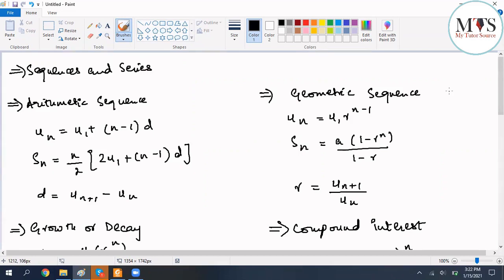They can give you the sequence till, let's say, U6, and they would say find S20 or S100 or something. In that case, we can't just write 100 terms. It is humanly possible, but it takes a long time. Exactly. So in that case, we have to use these formulas to save our time.